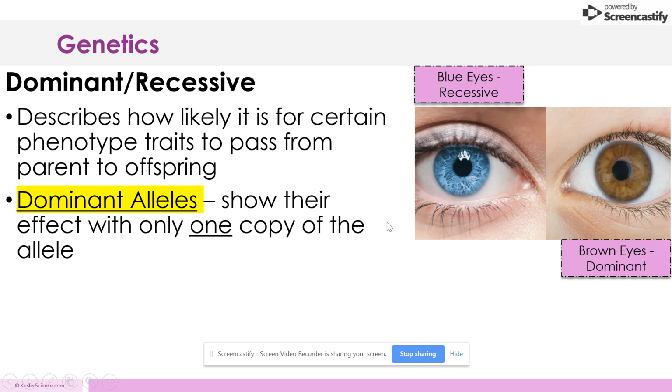So if we have a recessive allele for blue eyes and a dominant allele for brown eyes, and these two people had an offspring, their child would have brown eyes because brown eyes is dominant. Brown eyes is present, and it's going to tell the blue recessive allele, hey, look, I'm going to take over. I'm much stronger than you. And then the child will have brown eyes.